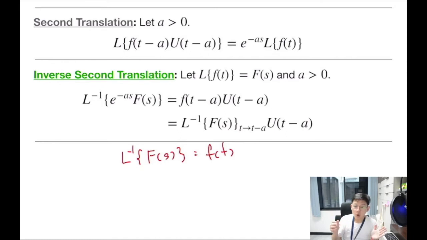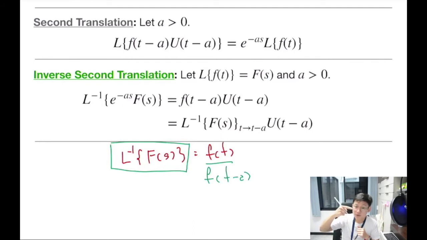So if you want f of t minus a, it's pretty much the same as first finding L inverse of the big F(s), then you get f(t), and then you change from t to t minus a.